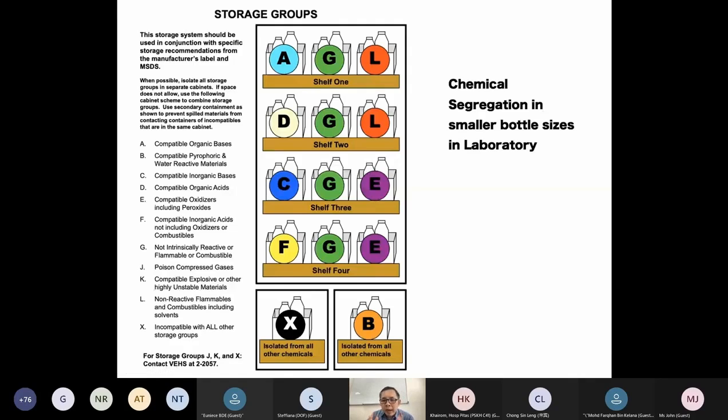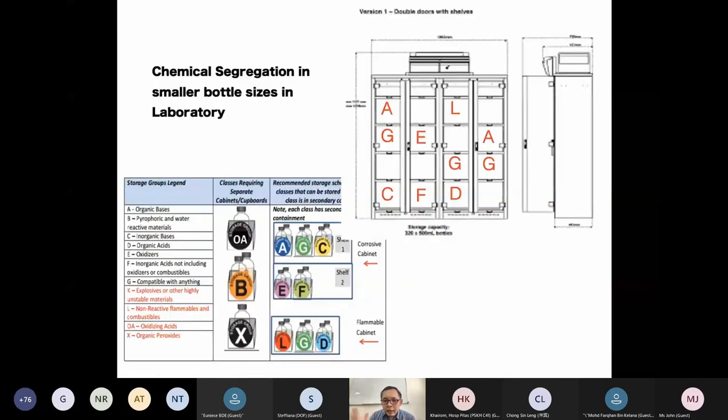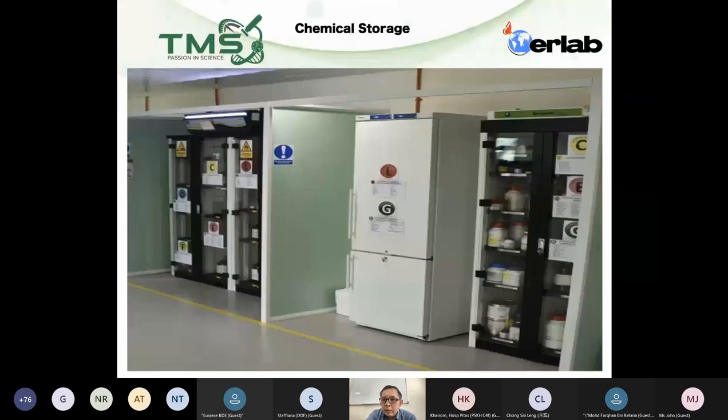How are you able to install all these A, B, C, D, E groups into one cabinet? You can do so like this, because if you look at the storage, it has 4 compartments and each one has 1 door. So you can put your corrosives in 1 column behind 1 door, and your oxidizer and your solvent in another, etc. I want to show you one actual example from one of my customers who did it perfectly.